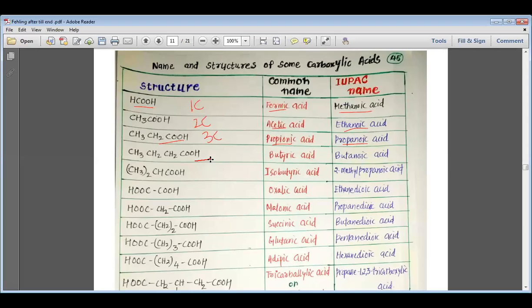For four carbon normal chain, that is the single chain, we have common name butyric acid, whereas IUPAC name butanoic acid. For the compound like this, you can see here these two CH3 groups are bonded to this CH.